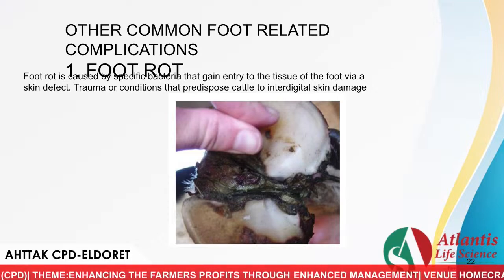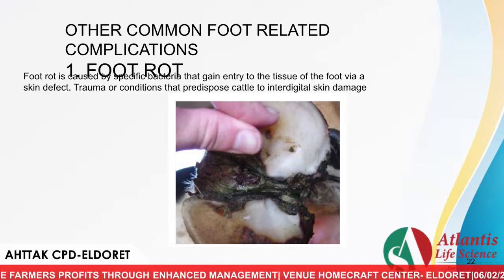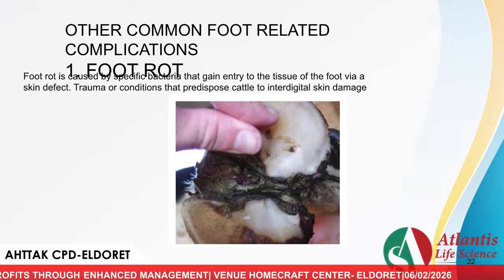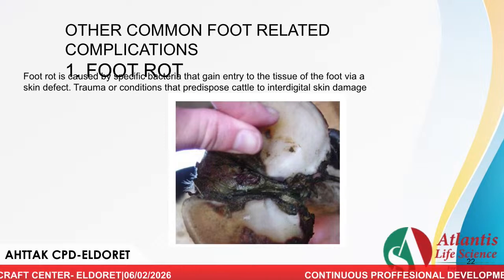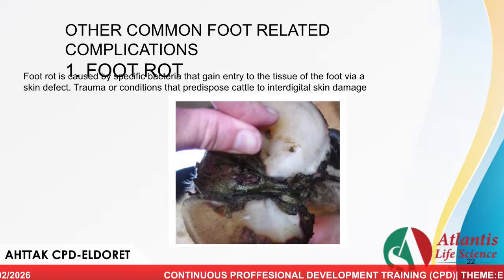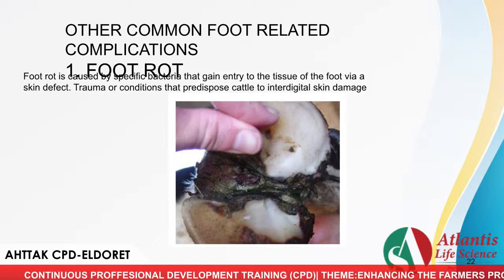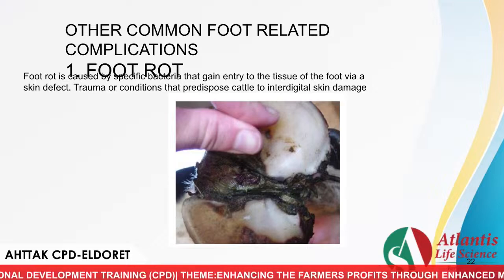And in most cases, foot rot inaenda hand in hand sana sana na laminitis, because when the hoof of an animal is compromised, there will be a lot of opportunistic diseases that will come along with it, because the sole will be soft and all the other structures will be much compromised, and therefore we'll have a lot of issues.